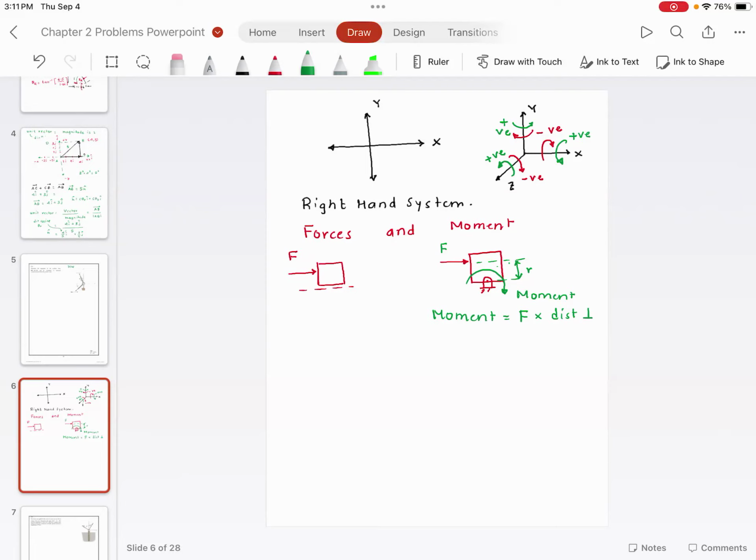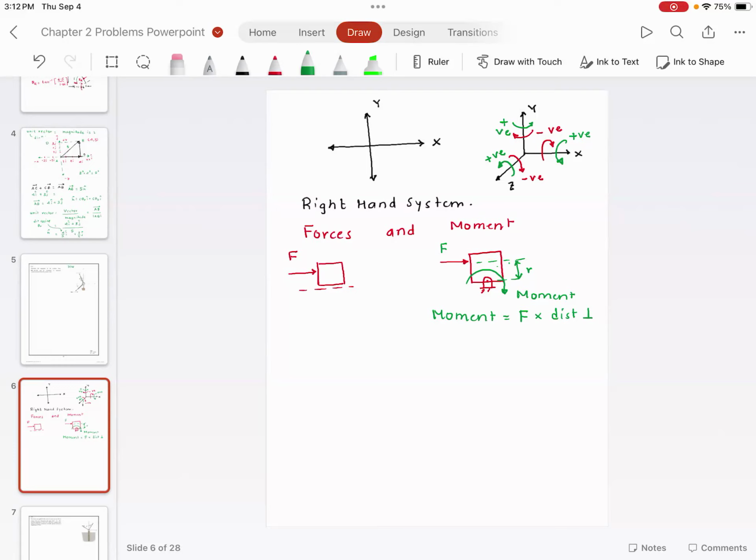Now, I want to show you something very important. Imagine this. Again, you apply the force, you rotate. So there is some type of moment. However, this moment is called the bending moment, and this moment is called the twisting moment.